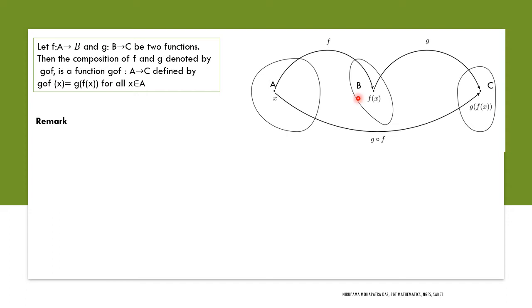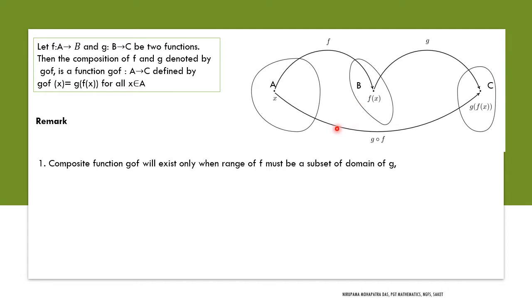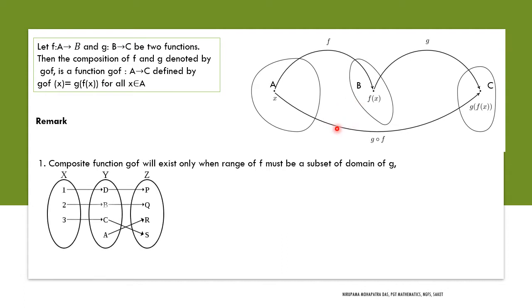Next, whenever we have to see whether the composition of two functions exists or not, there must be some criteria. Without the knowledge of domain and codomain, you can't just say whether the function exists or not. So the composite function g of f will exist only when the range of f is a subset of the domain of g.